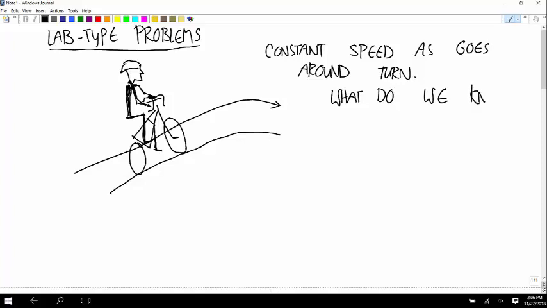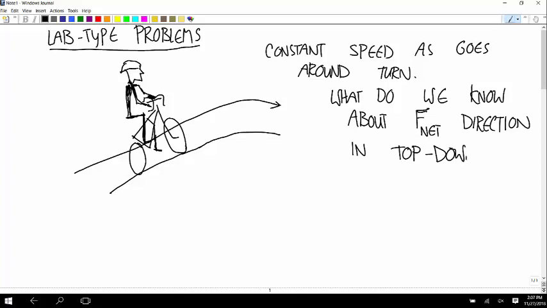What do we know about the direction of the net force in a top-down view?